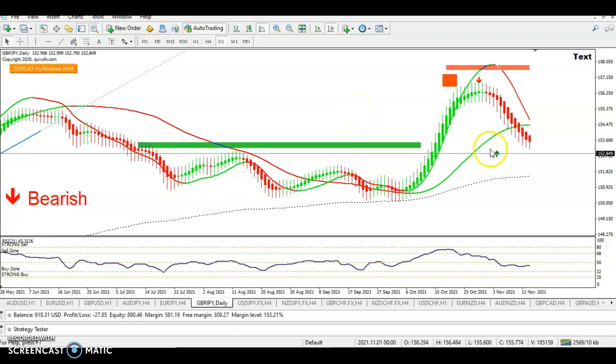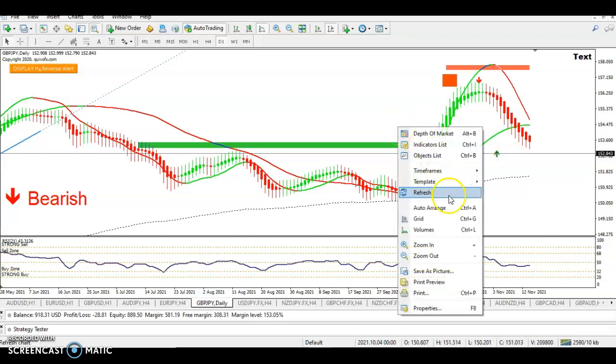So this price right now is giving us a daily retest. The HMAs are about to cross.